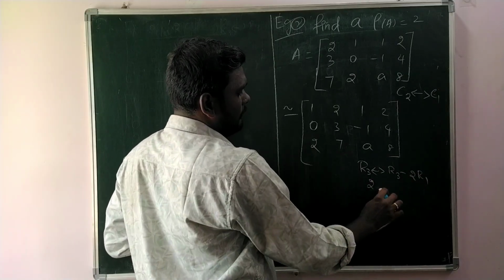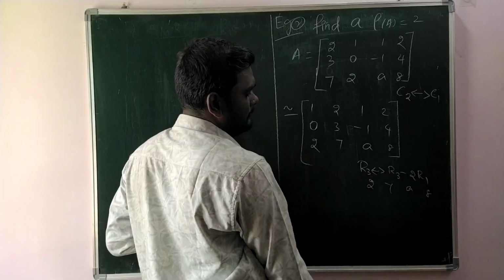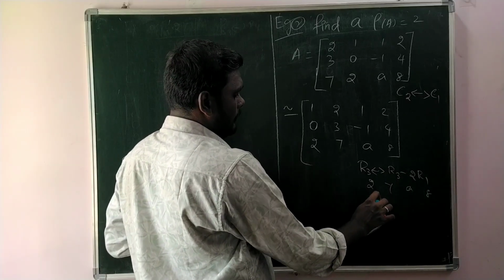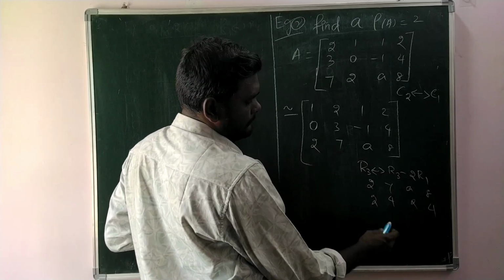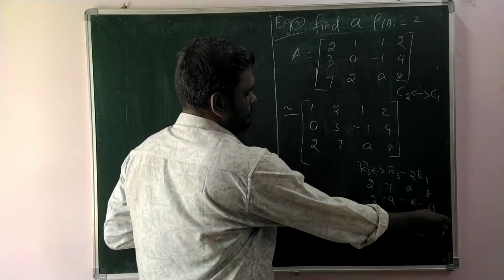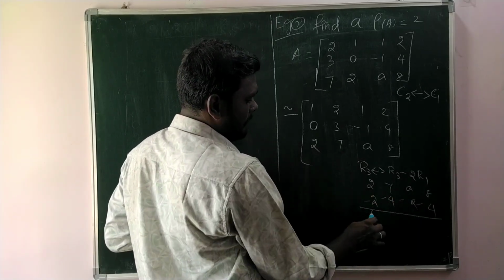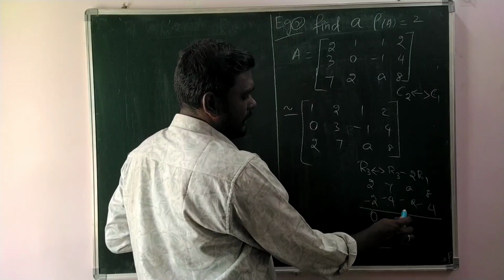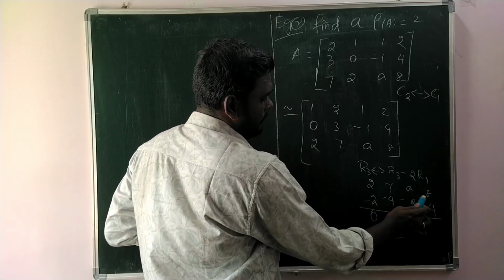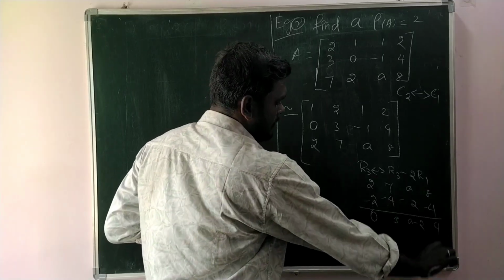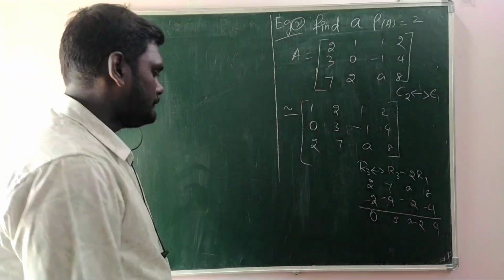R3 we have 2 7 A 8, and 2 times R1 is 2 4 2 4, which is subtracted. 2 minus 2 becomes 0, 7 minus 4 is 3, A minus 2, 8 minus 4 is 4. This is our new R3.